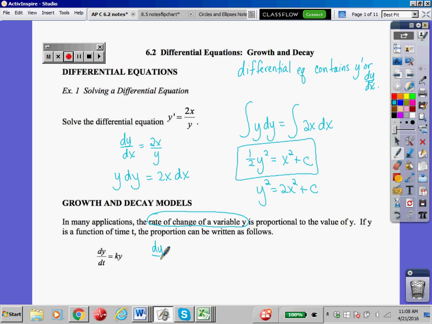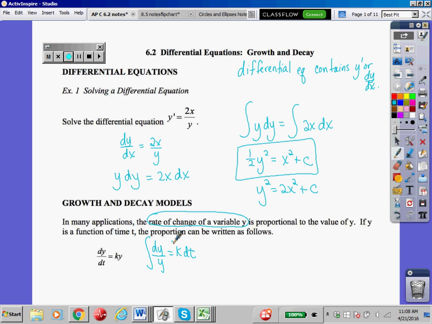I can, in fact, divide both sides by y, and I can multiply by the dt. And I want to show you this because this is going to explain what happens in the next box. Okay, dy dt equals k times y. I want to pull the y over to the other side. And the way you do that is you divide by y. And I can multiply by dt.